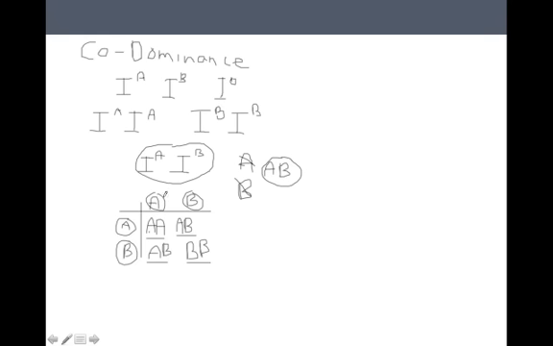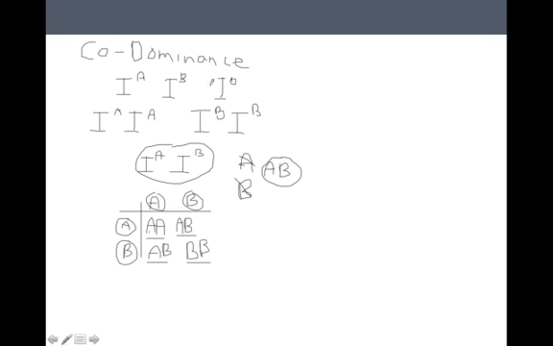Let's also talk about the fact that the ABO blood group type is also an example of multiple alleles, because we have this IO, the O type.